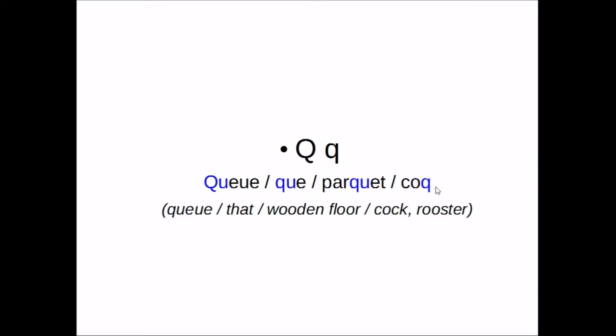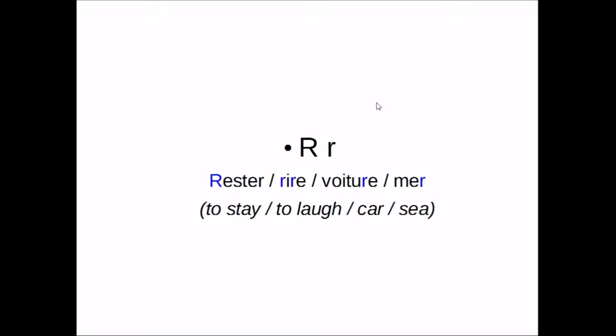So you always have to add a U after a Q. Then there is the R, so it's said R in French, and it may be a little bit hard for you to pronounce this, especially if you're an English speaker. So we say rester, rire, voiture, mer.